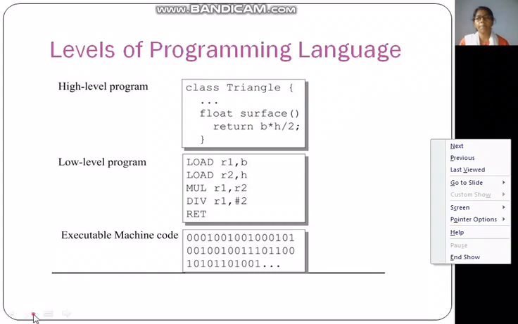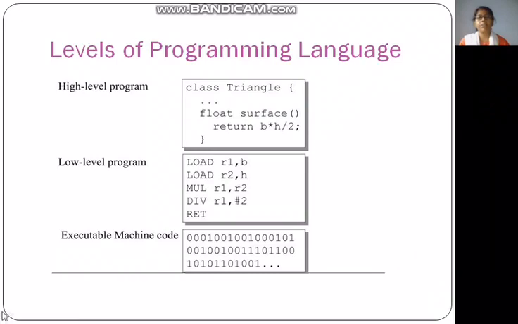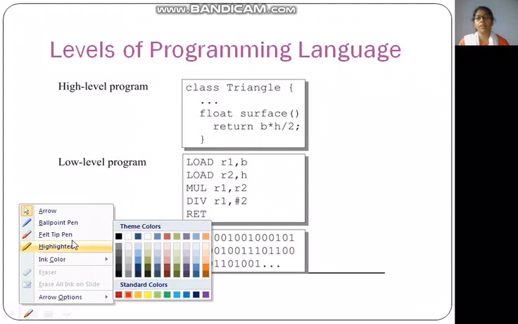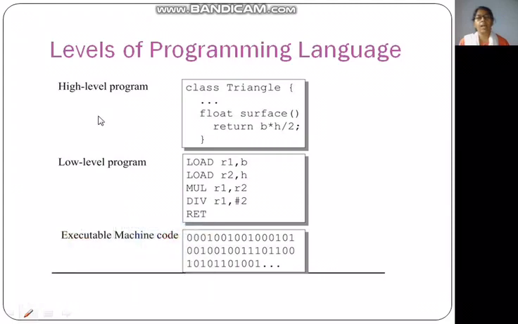Here on the screen, you can see different levels of programming language. First, we have the high-level programming language. C++, Java, C#, Python all come under the category of high-level programming language. It is somewhat like our English language.